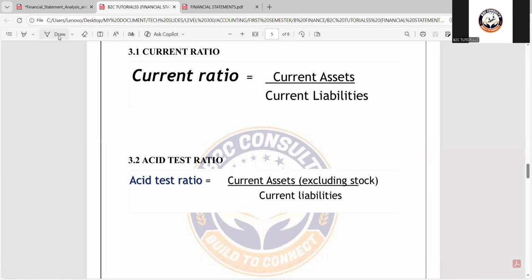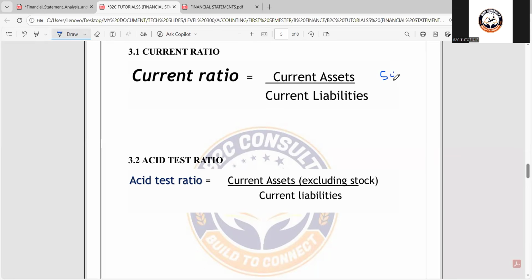From that same question, 544.2 divided by 291.7 means that your assets can be used to pay your liabilities 1.87 times. So this is measured in times, looking at the number of times what belongs to you within 1 year can be used to pay the debt you owe within 1 year.